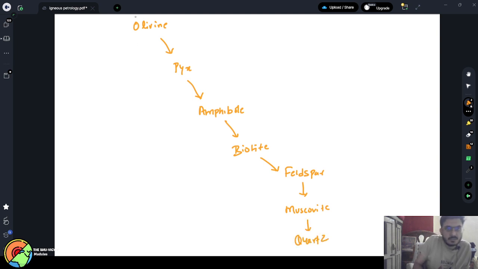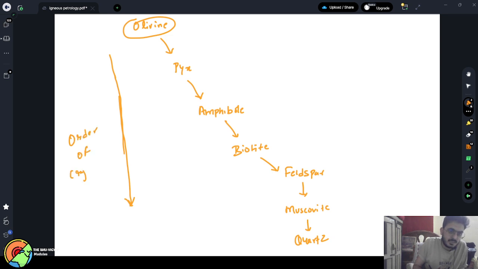This is the order of crystallization. Now what will be the order of melting? It will be exactly the opposite of this. This will be the order of melting.